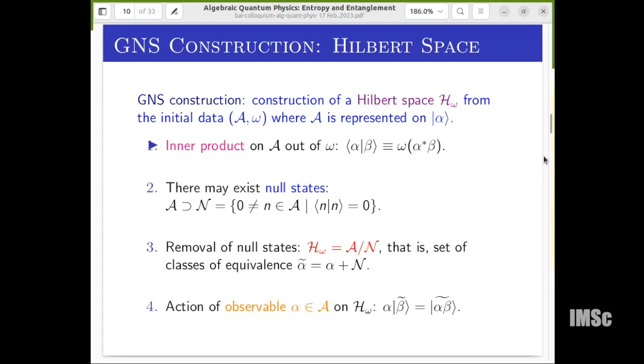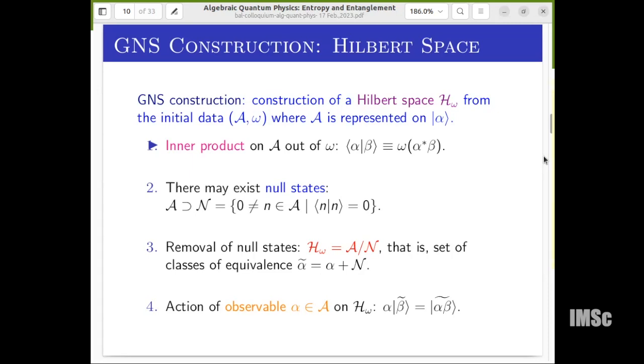So you will have a non-zero vector in the algebra with 0 norm. So something is wrong; you cannot have a 0 norm for a non-zero vector. So the technique for removing this problem is to write down all the null vectors and quotient them out. So instead of considering A, you consider the equivalence classes of A modded by N.